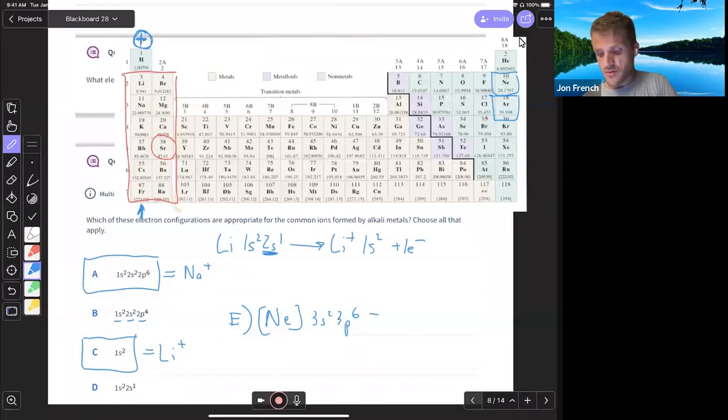And that would also equal potassium. If potassium were to react, that would be potassium +1. That would also equal that electron configuration. So A, C, and E, all of those electron configurations could correspond to a group 1 metal as an ion, right? After it reacts, it's going to lose that one valence electron, making it isoelectronic with a noble gas.